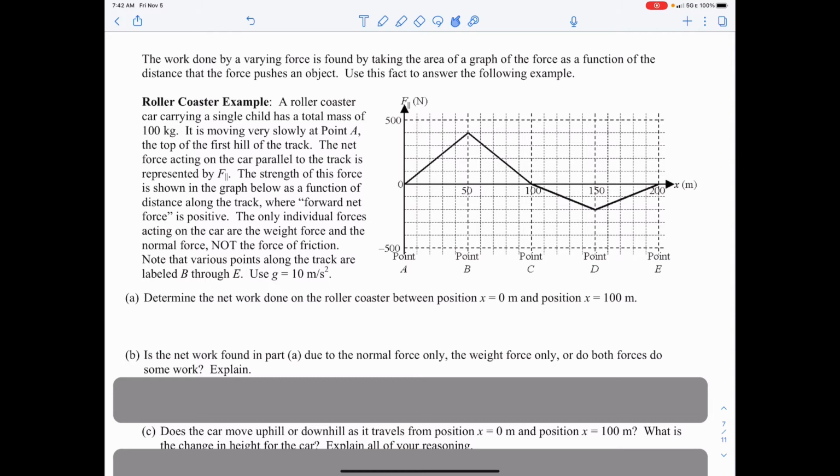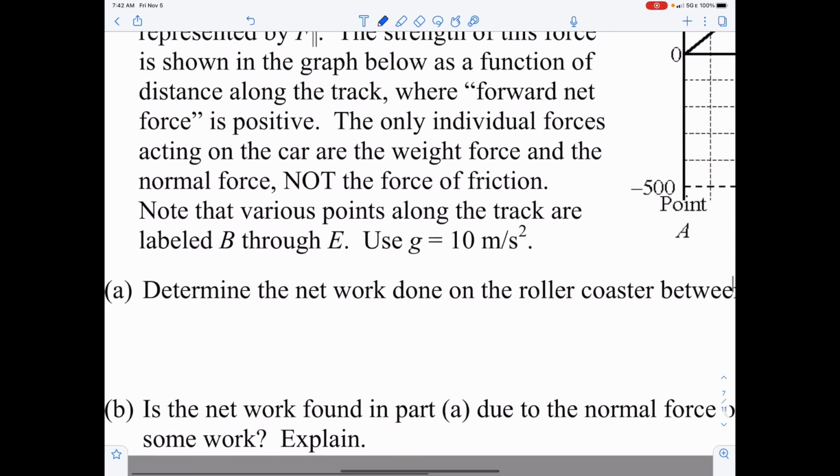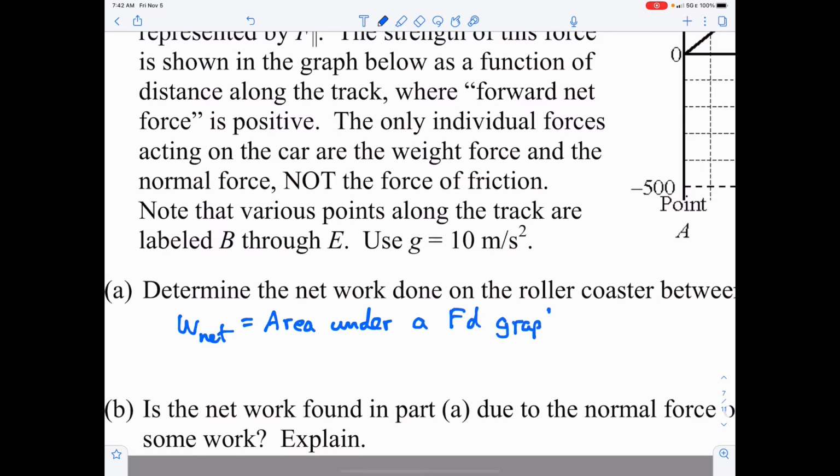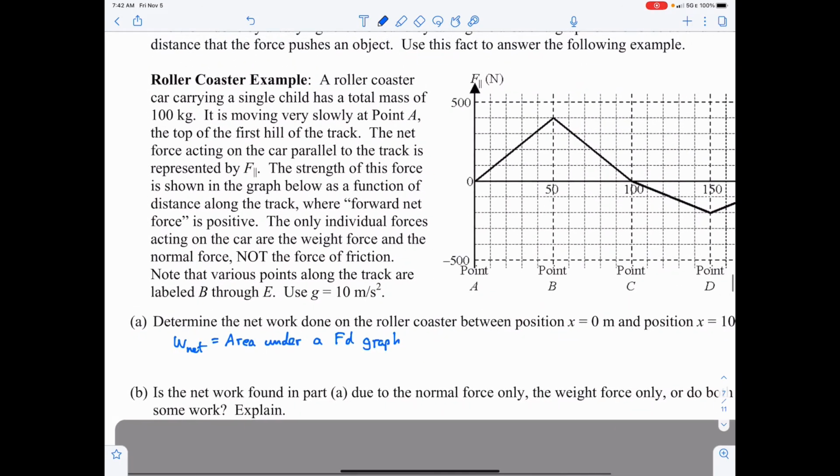Part A, determine the net work done on the roller coaster between the positions 0 and 100 meters. Well, this can be found: the net work is the area under a force distance graph. Specifically, we're going to take the area from this point right here.